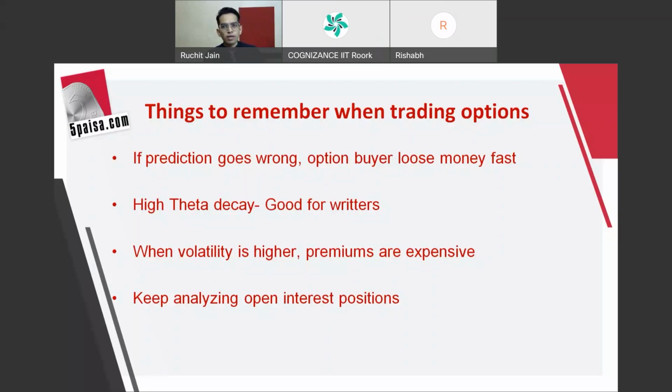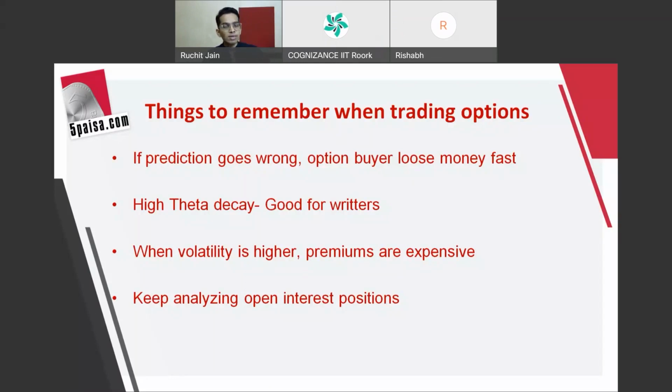And keep analyzing open interest positions. Open interest is very important. With open interest you can figure out where the support is and where the resistance is, and where the support or resistance is changing. Today the 17,500 call option has high open interest.